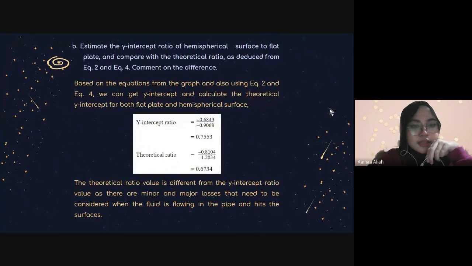Next. So B, we need to estimate the y-intercept ratio of hemispherical surface to flat plate and compare with the theoretical ratio, as deduced from equation 2 and equation 4. Comment on the difference.